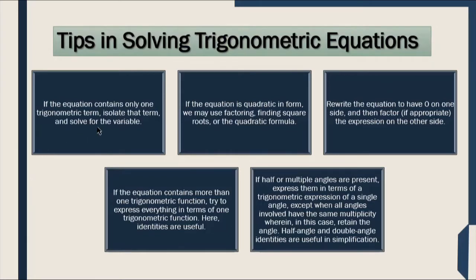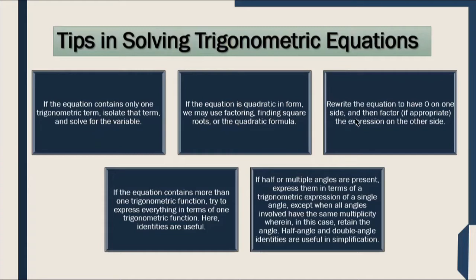First, if the equation contains only one trigonometric term, isolate the term and solve for the variable. Second tip, if the equation is quadratic in form, we may use factoring, finding square roots, or the quadratic formula.